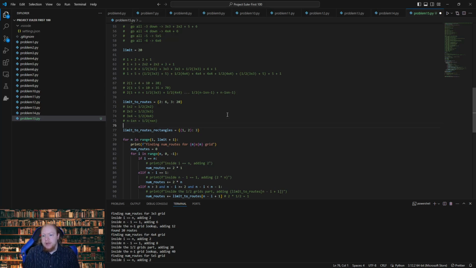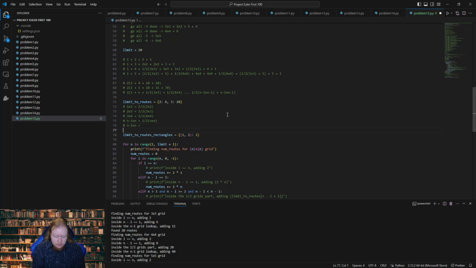Now, what about an n minus 2 times n grid? So this would be like 2 by 4.